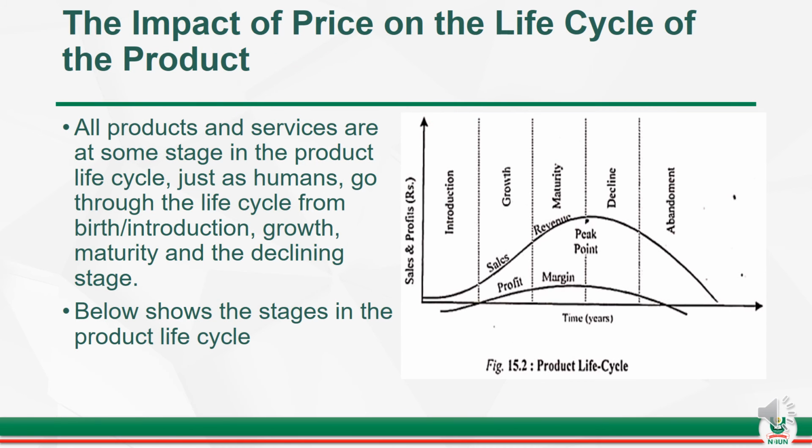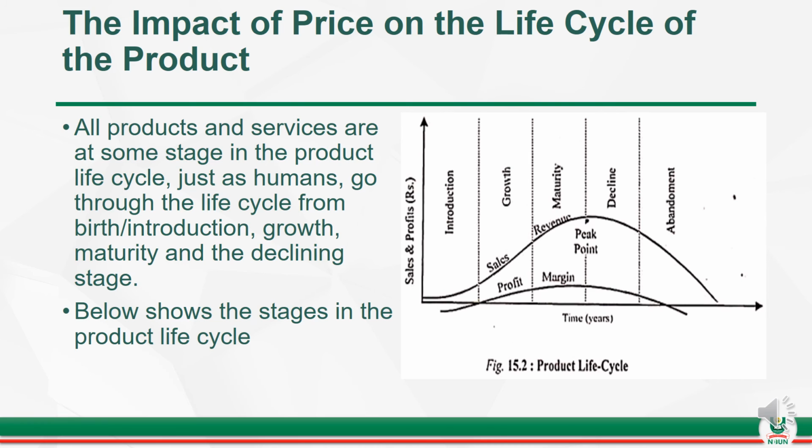We have the impact of price on the life cycle of the product. All products and services are at some stage in the product life cycle, just as humans go through the life cycle from birth, introduction, growth, maturity, and the decline stage, which is just what you are seeing before you in the graph.